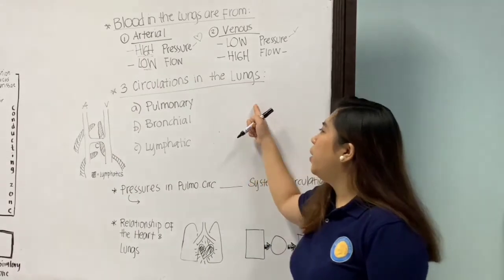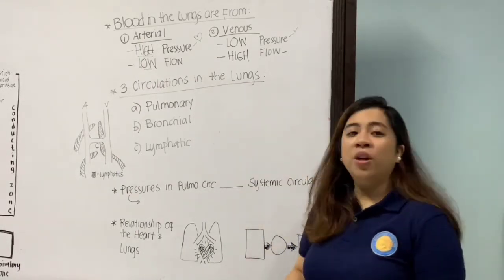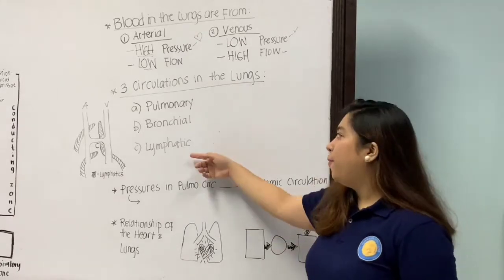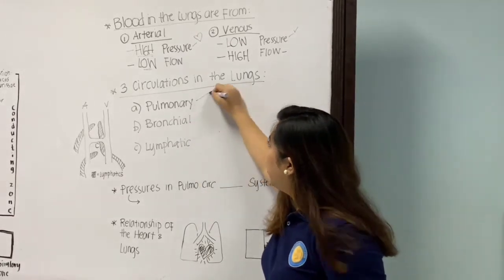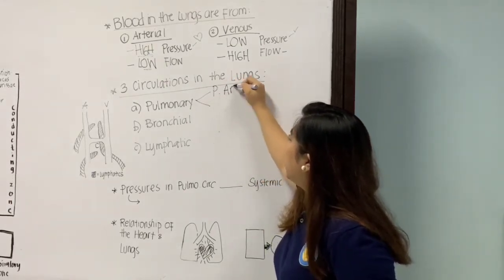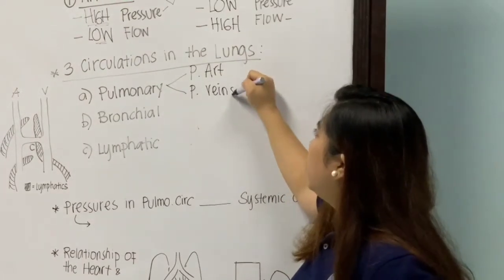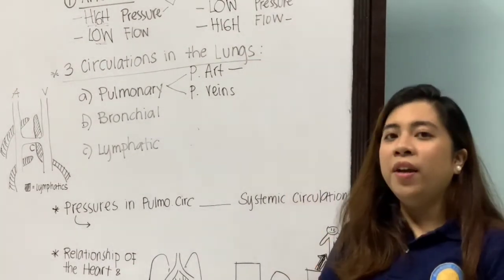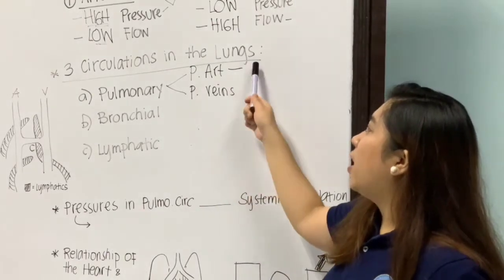So in your lungs, you have three types of circulation: your pulmonary circulation, your bronchial circulation, and your lymphatic circulation. With your pulmonary circulation, you generally have your pulmonary arteries and your pulmonary veins. Your pulmonary arteries are very distensible types of vessels found in your lungs.